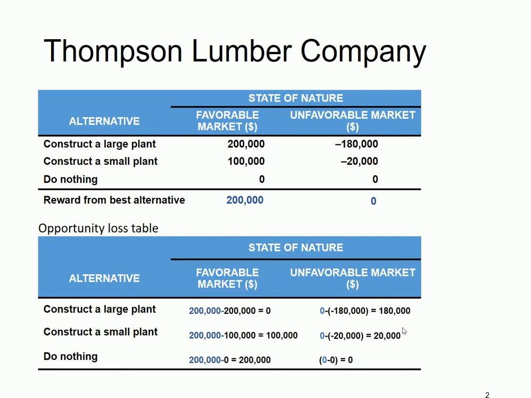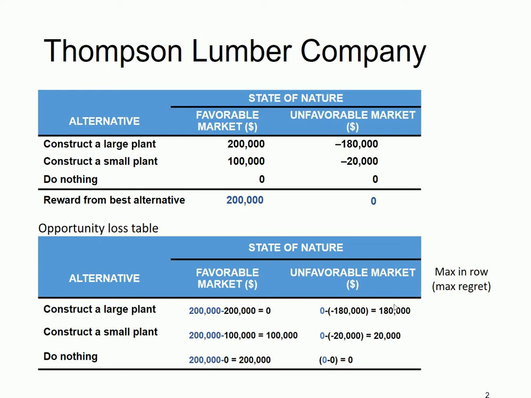With that, let's find out for every alternative what is the largest regret you could possibly have. For example, if you construct a large plant, then you get a regret of 0 in this market outcome. You get a regret of this number in the unfavorable market.